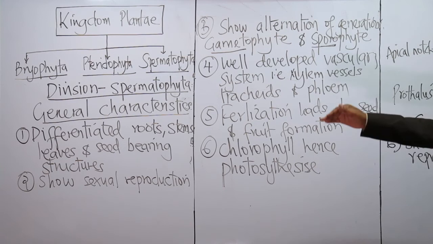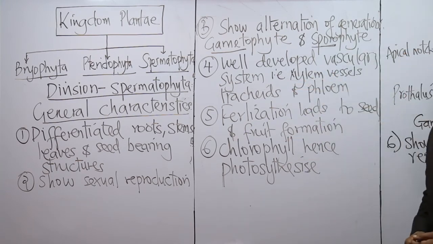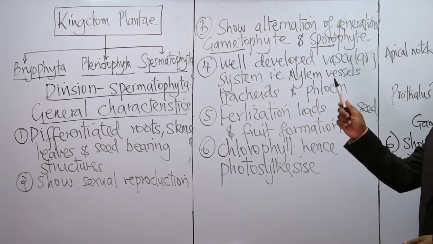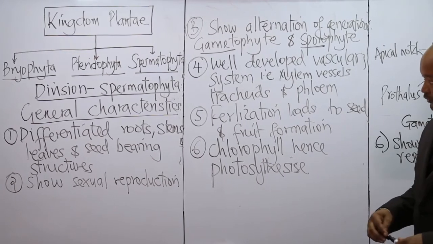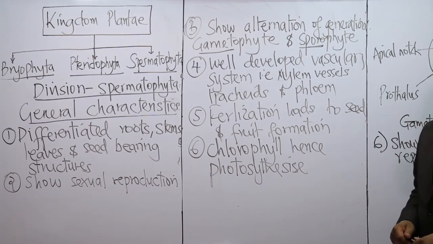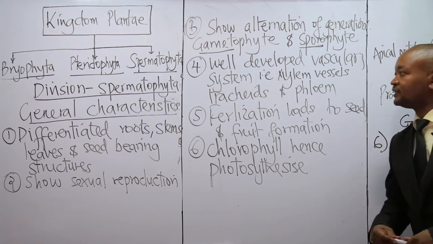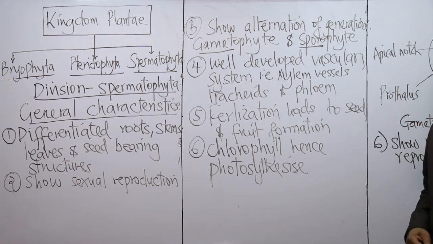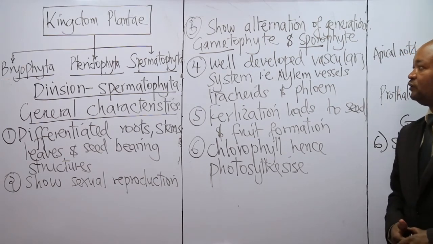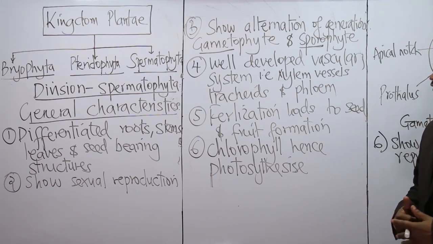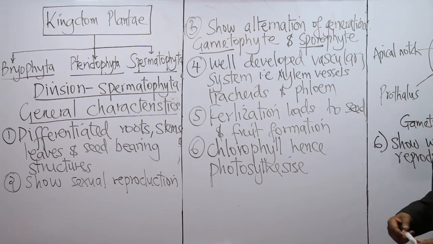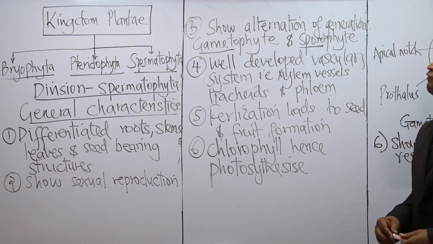But for now, for wrapping up purposes, we are saying that Kingdom Plantae has three divisions, and those divisions are the Bryophyta, Pteridophyta, and Spermatophyta. We've looked at the Pteridophyta today, and we have noted that Pteridophyta is a highly developed division.